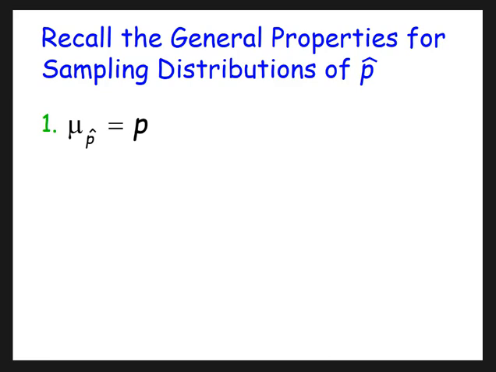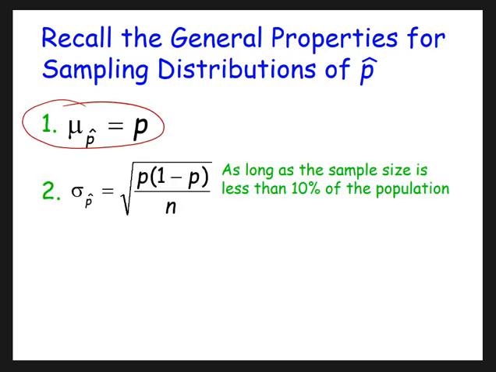If we take a sample and we calculate the proportion of the sample, we know the mean of those sample proportions is equal to the population proportion, and the standard deviation, or standard error, of those sample proportions is the square root of p times 1 minus p over n. If we don't know p, the population proportion, we'll use the hypothesized value, or we can use a sample value.